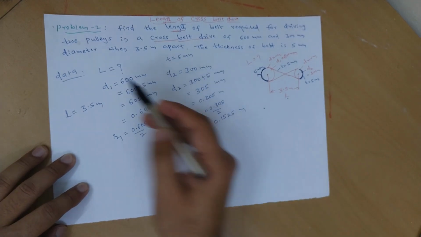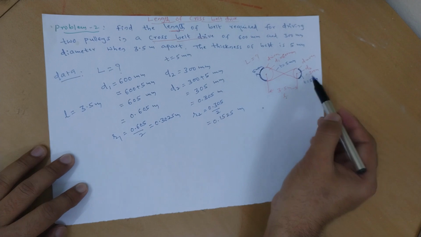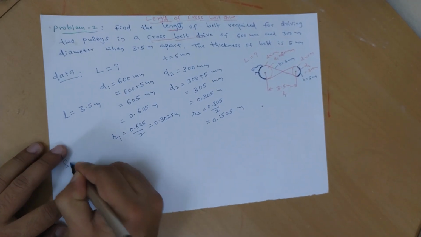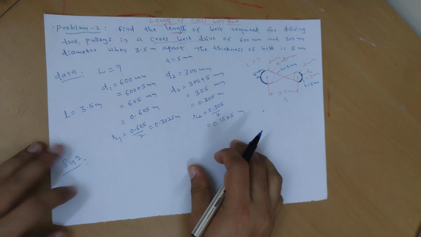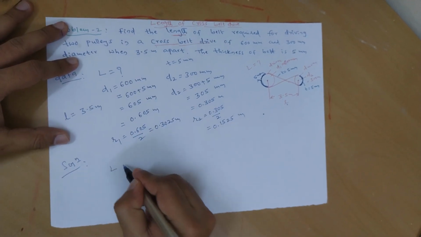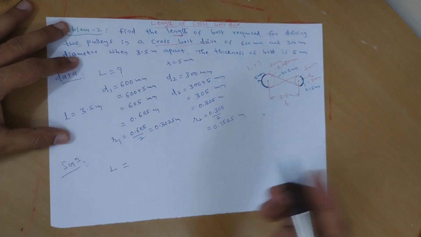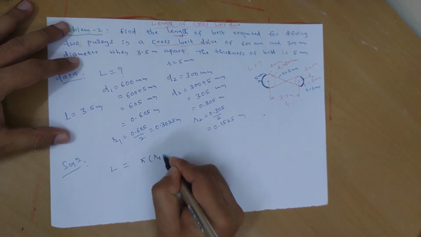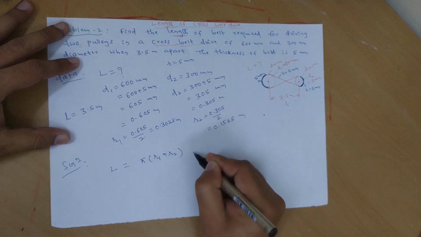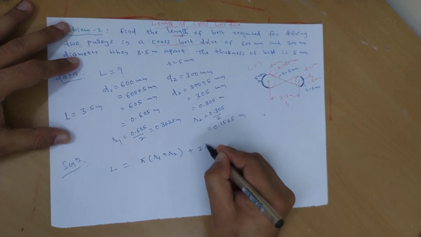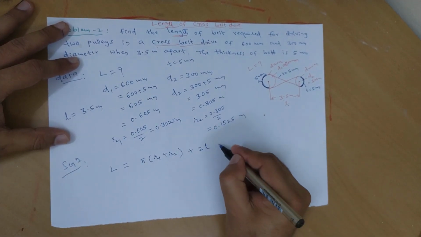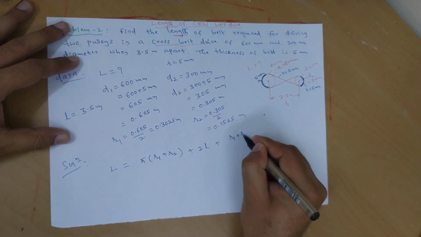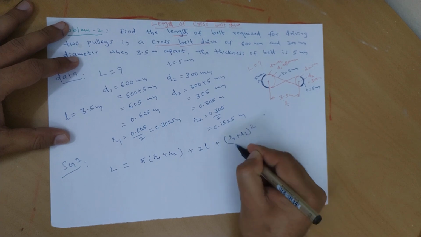Now we will find the total length of the cross belt drive. What is the formula? Solution: L equal to pi into (R1 plus R2), plus 2 times the center distance, plus (R1 plus R2) whole square divided by l.